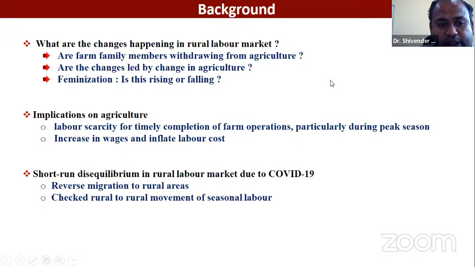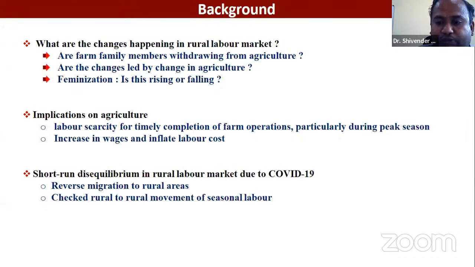Then, as I said, once labor is shifting from agriculture, it has some implications. It creates a physical scarcity of labor for agriculture, and that affects farm operations, particularly during the peak season. Then it also sometimes creates economic scarcity, meaning laborers are available for work but demanding more wages.